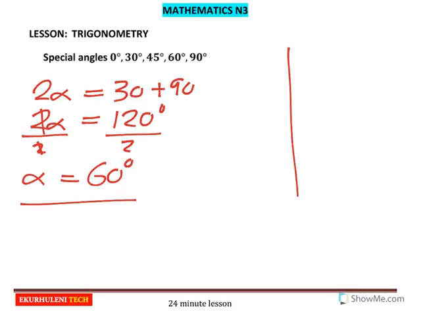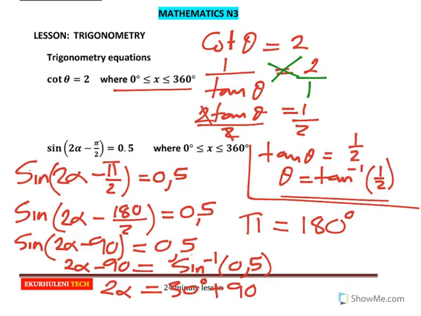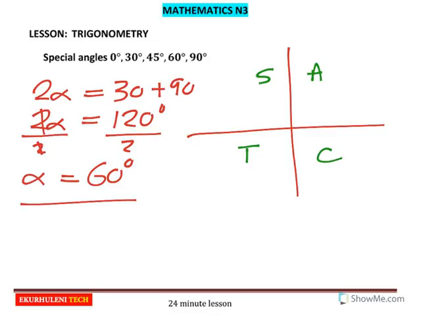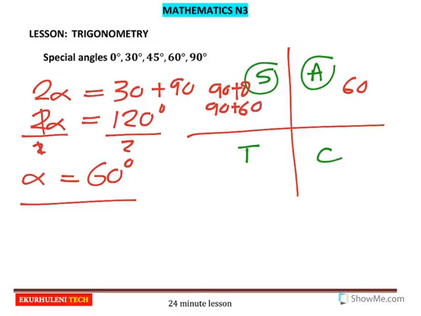After I've done that, I go to my CAST diagram. Remember, all students take chemistry. I look at a point where sine is positive because I was dealing with sine, and sine is positive in the first and second quadrant. So the first one, 60 is going to be here, and in the second, it's 90 plus theta, which is 90 plus 60. What is 90 plus 60?